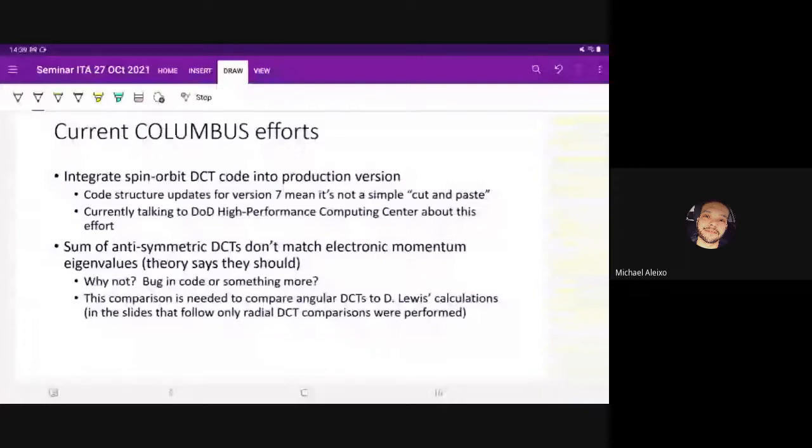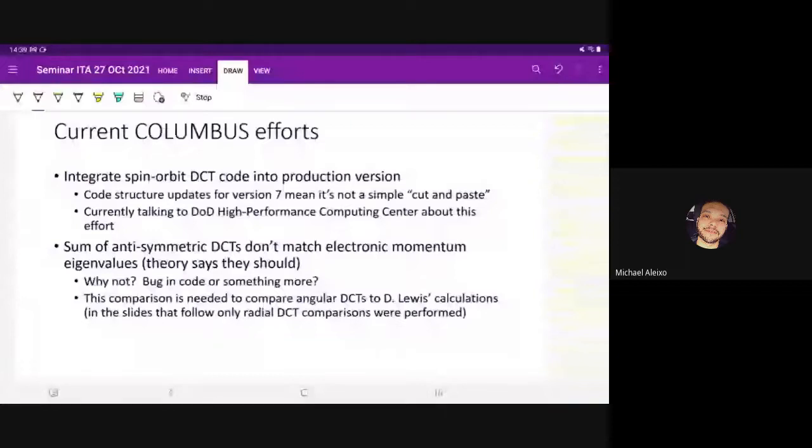There's going to be some amount of effort to go in and make all the changes. I currently have a contact at the DoD's High Performance Computing Center, and we are proposing getting their help to make this happen.